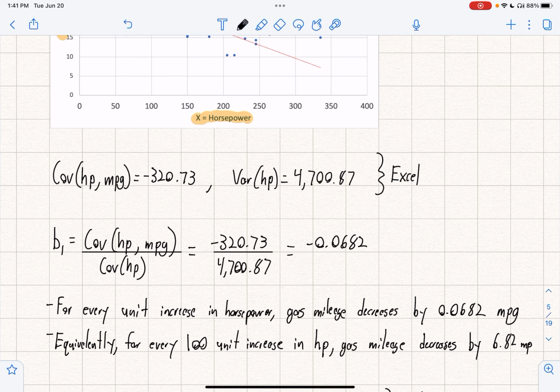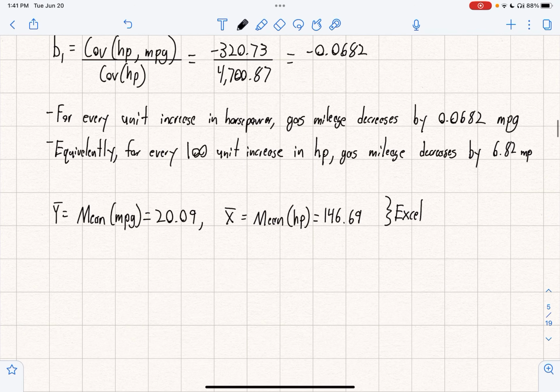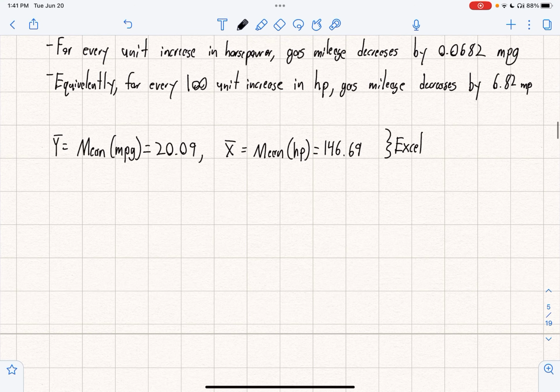Okay, now let's go ahead and find our intercept. So again, I got this in Excel. Our average miles per gallon was 20.09, and our average horsepower was 146. So now we can calculate our estimate for the intercept, B0. So B0 is equal to Y bar minus X bar times B1.